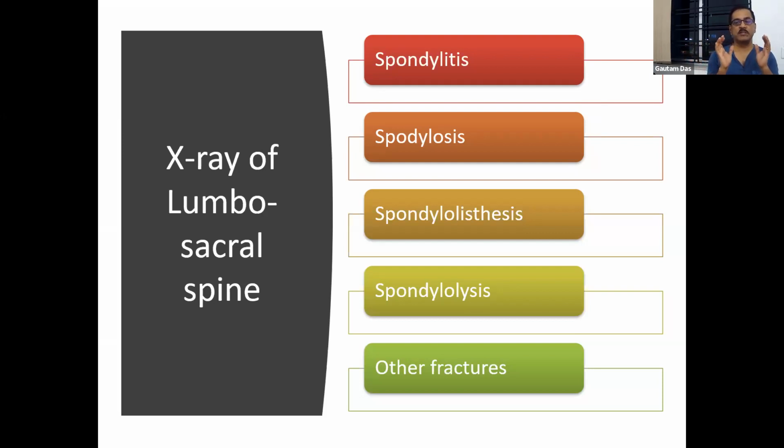Spondyloarthropathies is a big basket of diseases, with a lot of different kinds of inflammatory diseases which primarily affect the spine joints. Spine joints means the sacroiliac joint, the facet joint, and other parts of the spine.